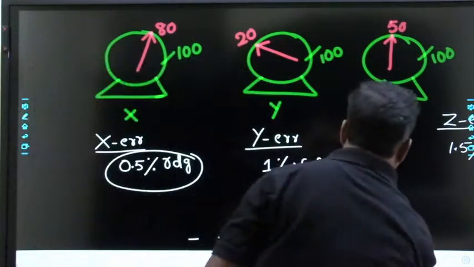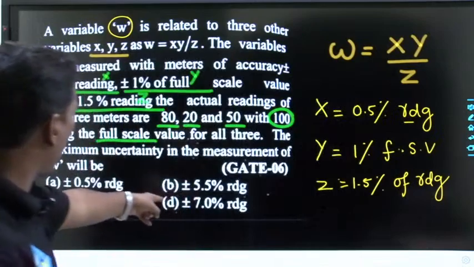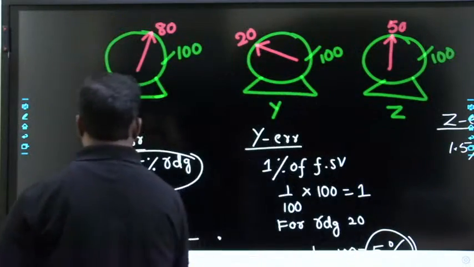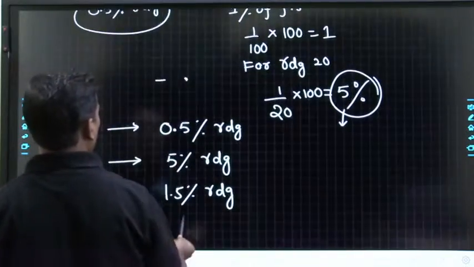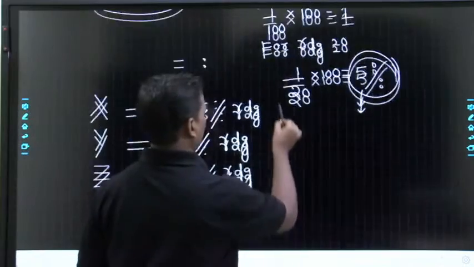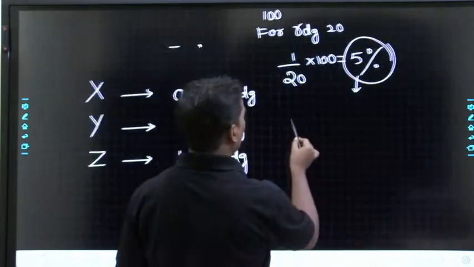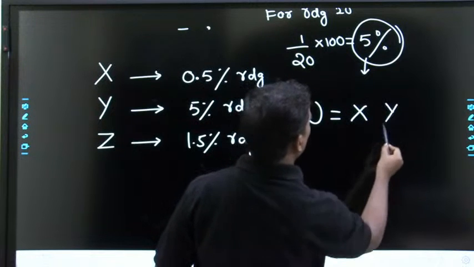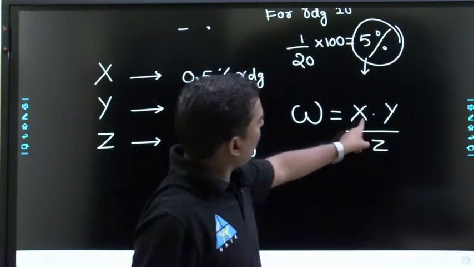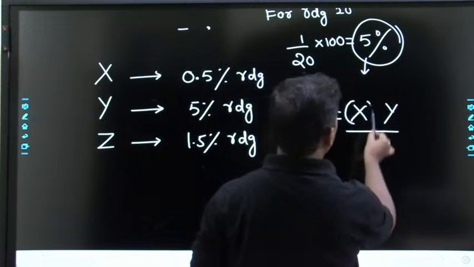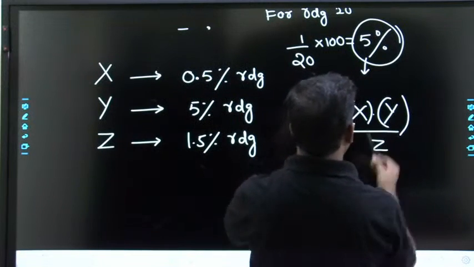So what is the question asked? He has expressed all in terms of percentages. So what are you going to get? Simple, you can do it quickly. W is equal to xy by z. Now look, both x and y are individual products, so their percentage errors can be added.